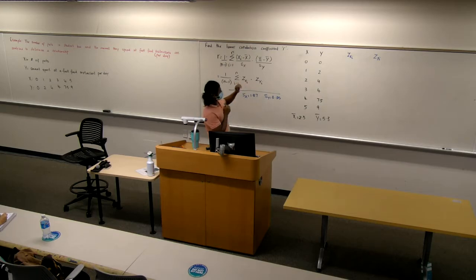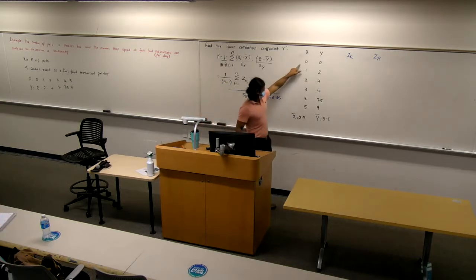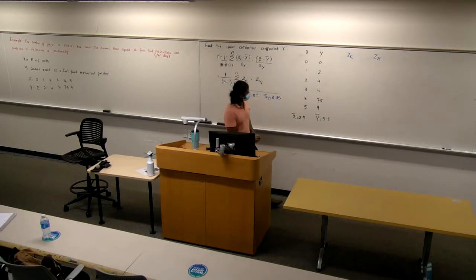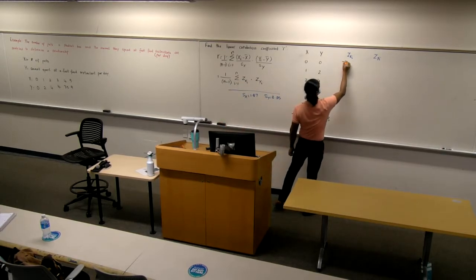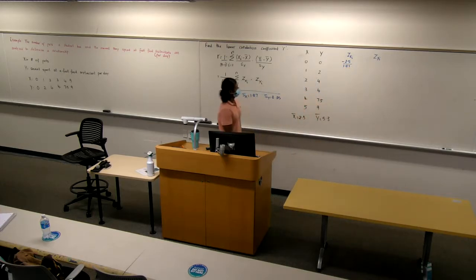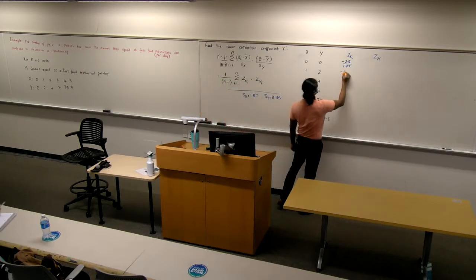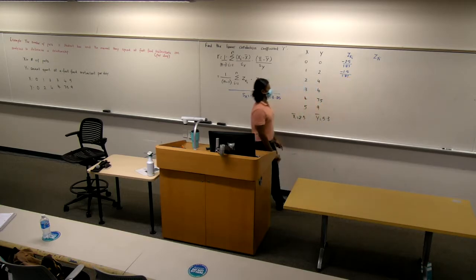So we take each value and subtract the mean and divide by the standard deviation. So 0 minus 2.5 is negative 2.5, divided by the standard deviation, 1.87. 1 minus 2.5, negative 1.5 over 1.87.